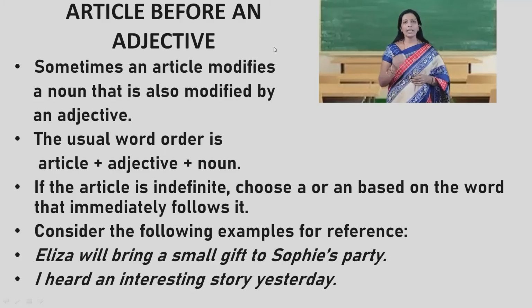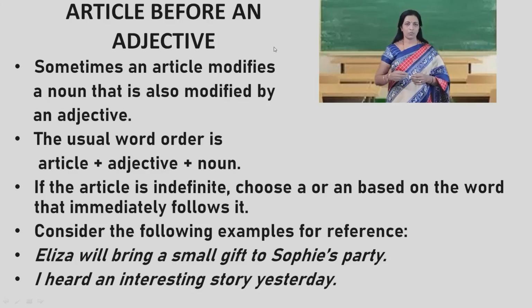Similarly, I heard an interesting story yesterday. Now, in this sentence, story is the noun. Again, it is general, it is not specific. Therefore, we will use an indefinite article. The adjective which precedes the noun is interesting.